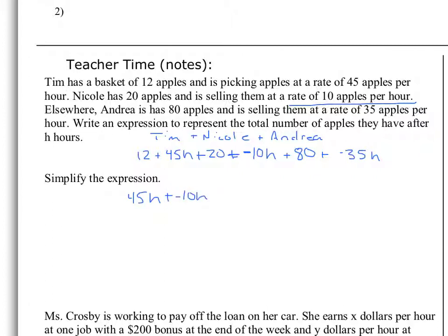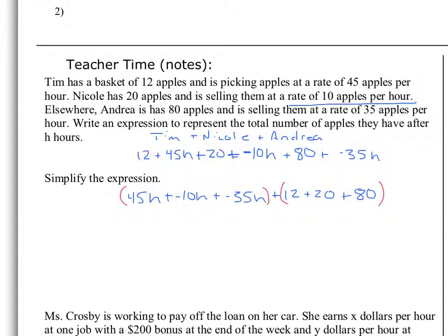These are my like terms. Then I'm going to put all of my constants together. Remember, those constants are terms that do not have variables. So here I'm going to use my associative property, so I can combine my like terms.